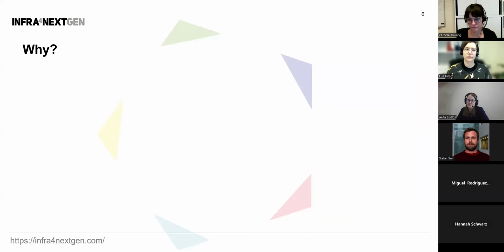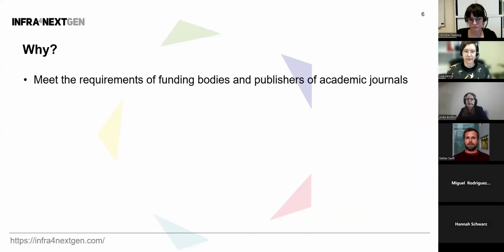Why is research data management important? Many funding bodies require research data management in their funding guidelines. For instance, the European Commission conventionally asks researchers to publish their data as open as possible.